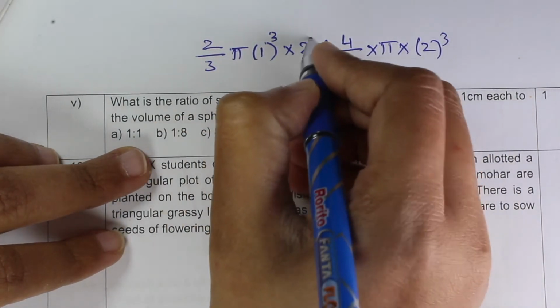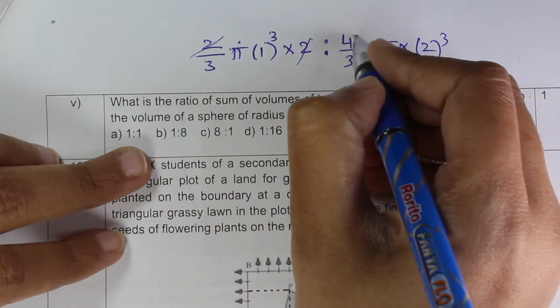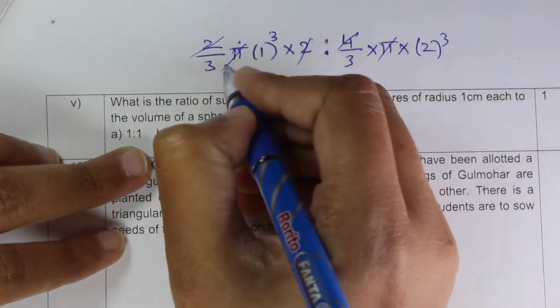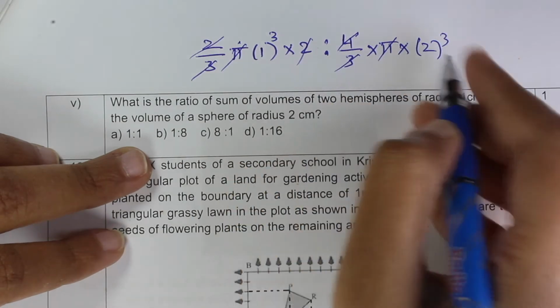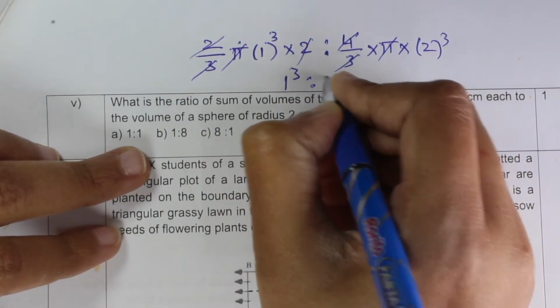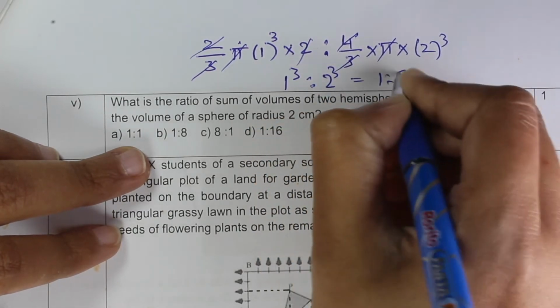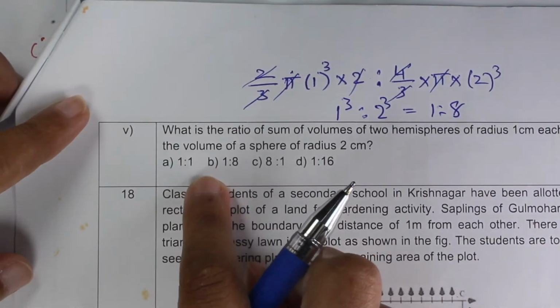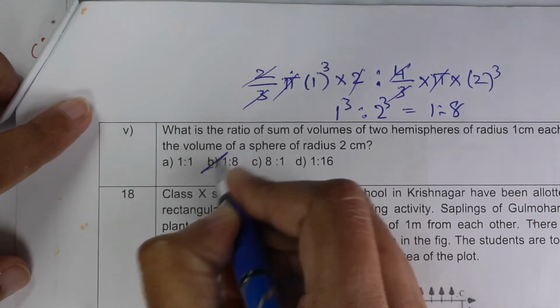So here 2, 4, pi gets cancelled, 3 gets cancelled. So it becomes 1 cube is to 2 cube. That is equal to 1 is to 8. So the answer is B, 1 is to 8.